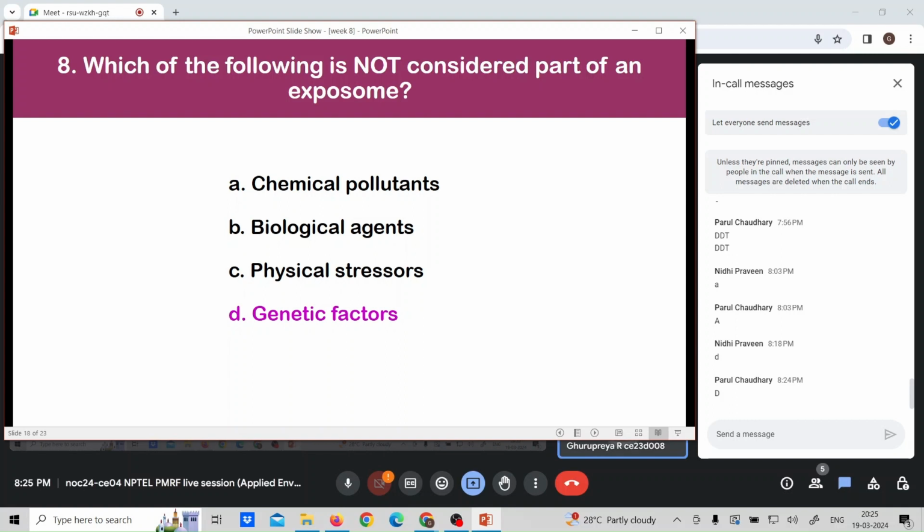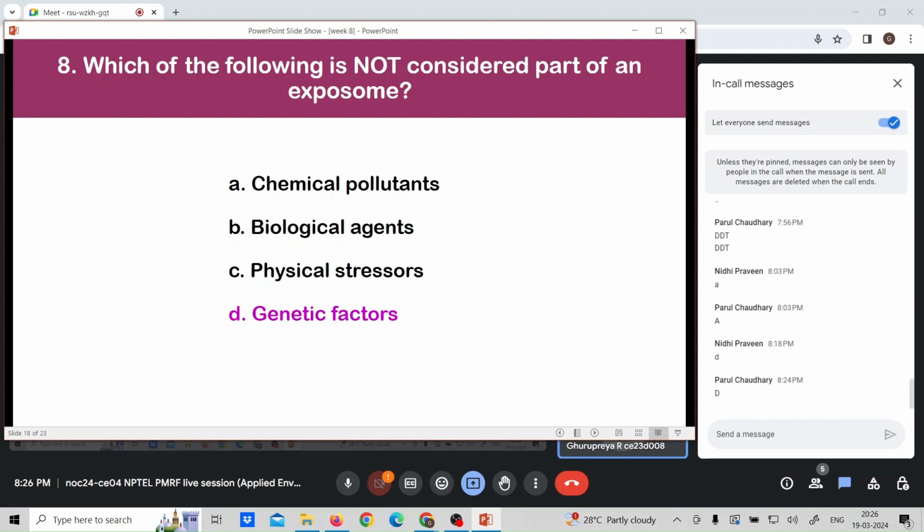Okay, exposome is nothing but all the exposure for a particular organism. This exposure is very important because it has a significant effect on the organism and its lifestyle and several other factors involved with the survival of the organism. So we are studying all that an organism is getting exposed to.